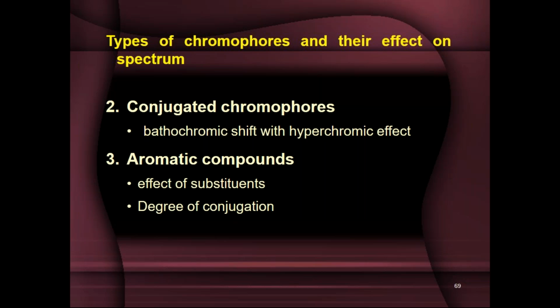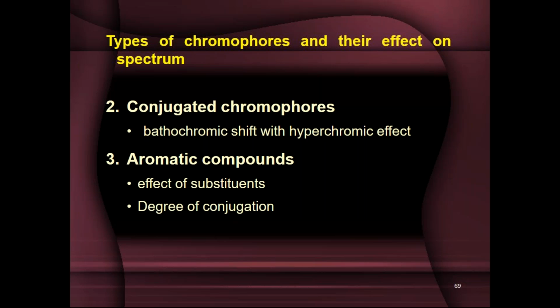So between pi and pi star, the gap will reduce because you have overlapping pi orbitals. And when the gap reduces, the energy required for a transition will be lesser. If the energy required is lesser, then the wavelength of radiation required will be longer. And that is nothing but bathochromic shift. That's why we see a bathochromic shift in the case of conjugated chromophores.